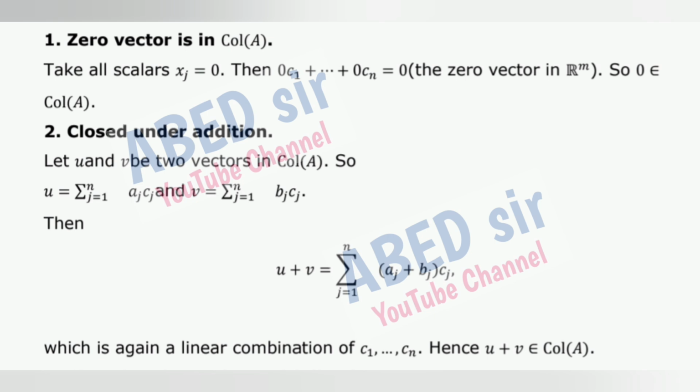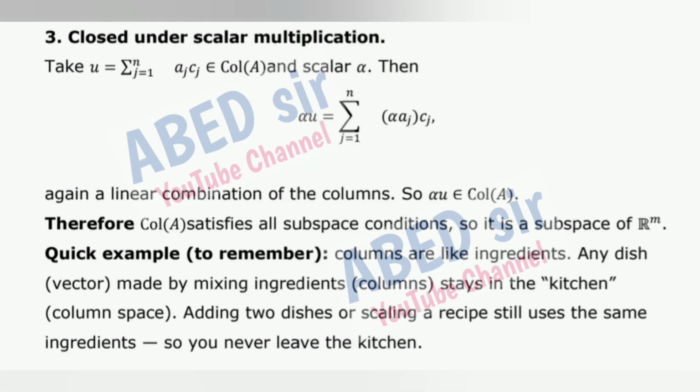Closed under addition. 3. Closed under scalar multiplication. Take u = ... Again a linear combination of the columns. So αu is in the column space. Therefore it satisfies all subspace conditions, so it is a subspace of Rm.